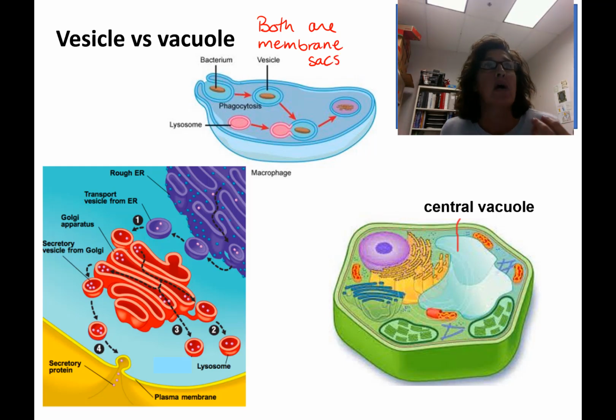Remember, eukaryotic cells are full of what we call membrane-bound organelles. So we have membranes so that we can have distinct functions in all of these different organelles, parts of the cell. Remember, that also allows the cell to be a lot bigger than a prokaryotic cell, because it has all these specialized organelles in it. It helps move things around better.